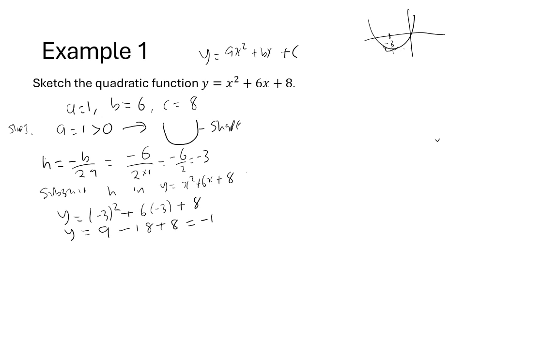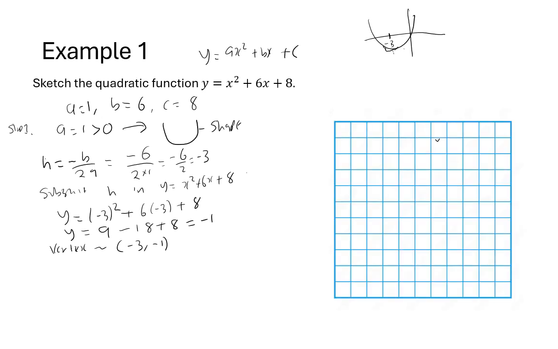So our vertex, or our turning point, is at minus 3 and minus 1. Let me try to write the graph. Maybe you have a graph like this. Zero, maybe minus 1, minus 2, minus 3, minus 4, minus 5.